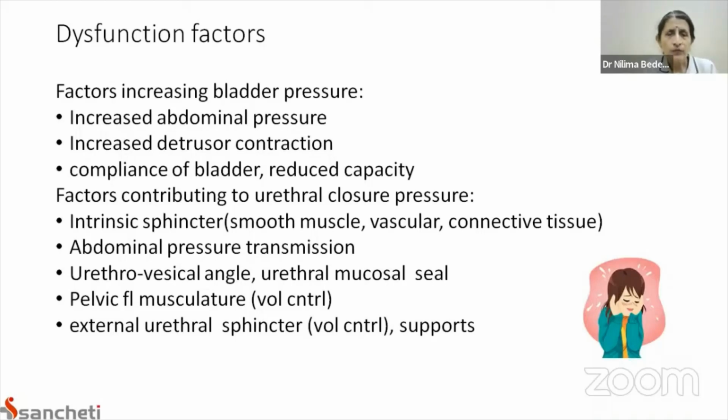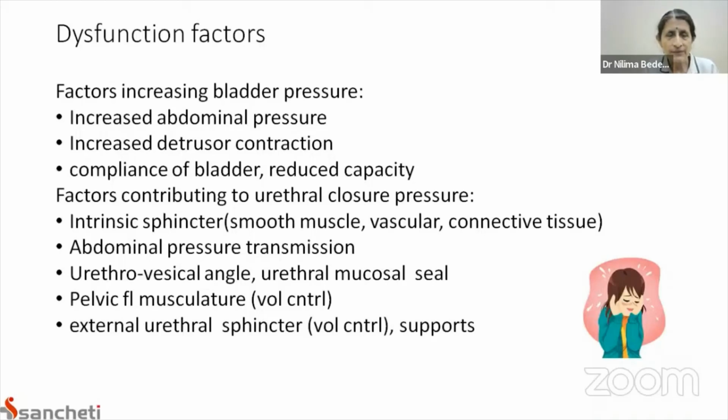Abdominal pressure transmission will be maintained: if there is a cough or anything which increases the abdominal pressure, this pressure gets transmitted equally to the bladder and the urethra if the urethra has not displaced. So if pelvic muscle weakness is there, or other factors lead to urethral displacement, then this abdominal pressure doesn't get equally transmitted to the urethral meatus.